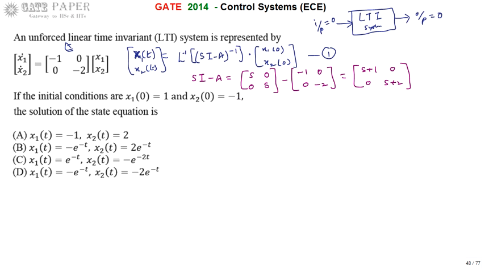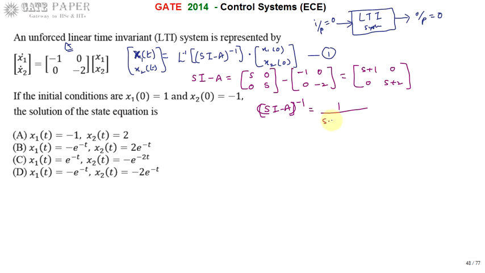Now (sI minus A) inverse is equal to 1 by AD minus BC. If you assume the elements of a 2 by 2 square matrix are A, B, C, D, then the inverse is 1 by AD minus BC into D, minus B, minus C, A. First AD is s plus 1 into s plus 2, and BC is 0, so you get only this product.